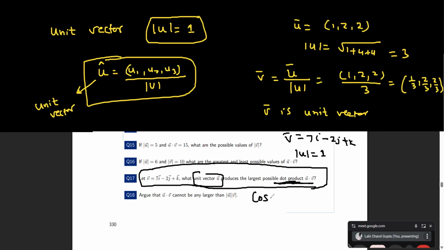So you know cos theta is what? It ranges from -1 to +1, right? So u dot v you don't know. Mod u is what? 1. And mod v you can find.